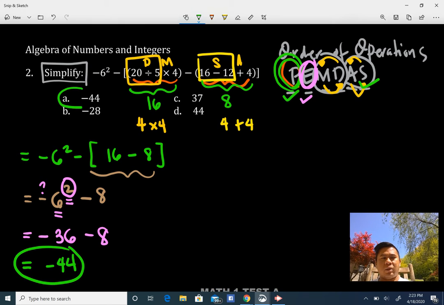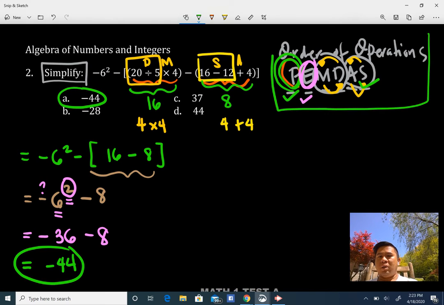Hence, the answer now is negative 44. Again, we did use the order of operations in this case, where we started with the parenthesis, next is the exponent, next is the multiplication and division, and the next will be the addition and subtraction.